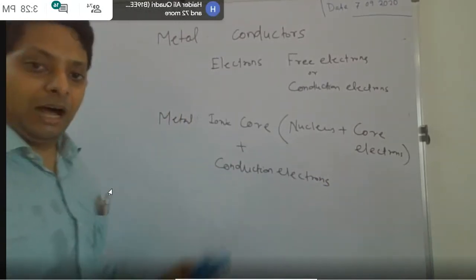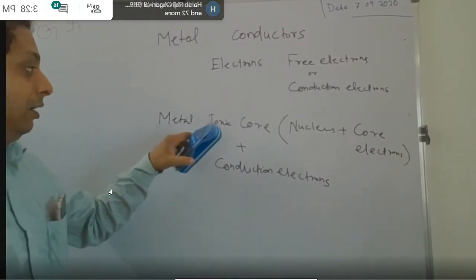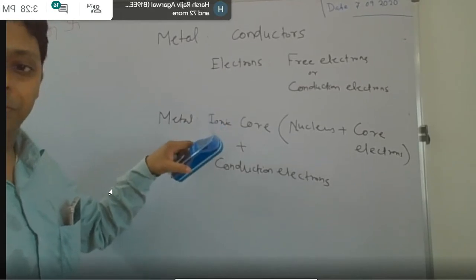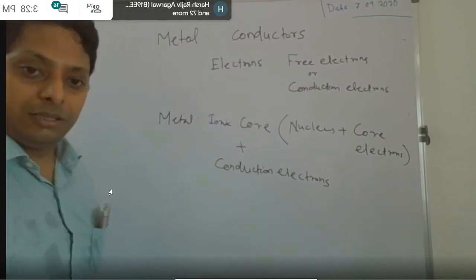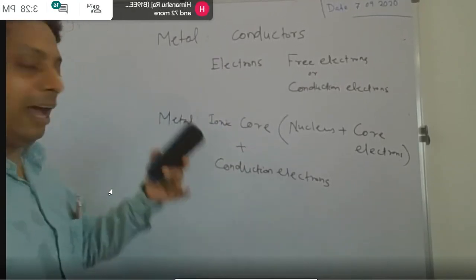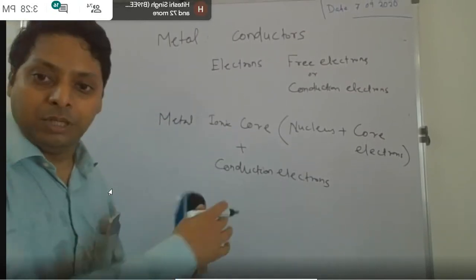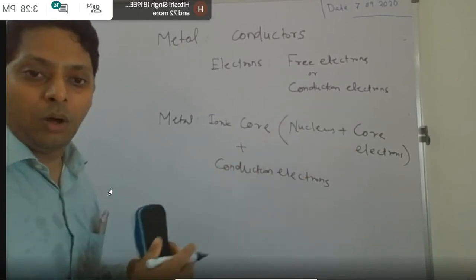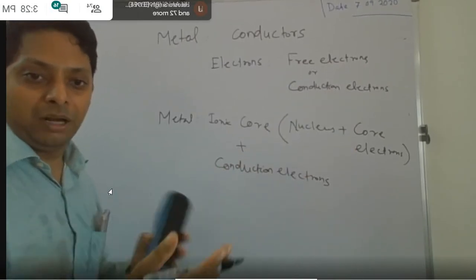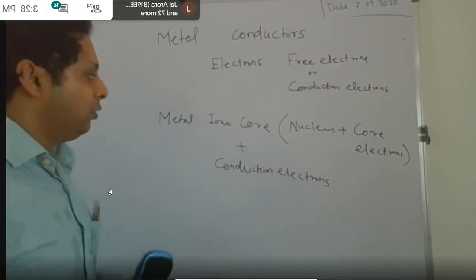So this is how it is different from an atom. In a metal, take copper, the atom will have some electronic shells, and they are either filled or partially filled.